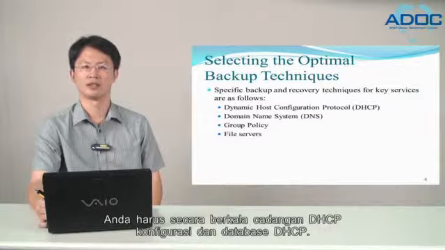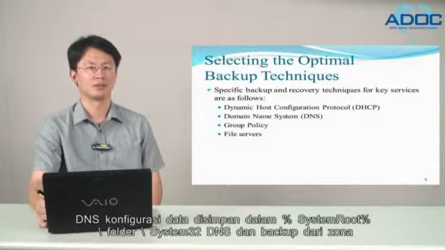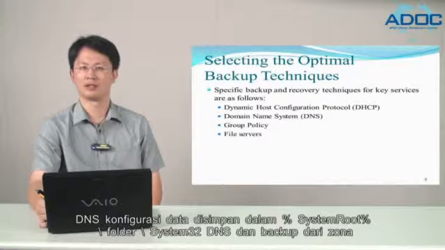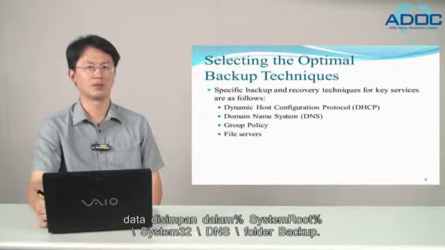Domain Name System, DNS. If you are using standard zones, DNS configuration data is stored in the system root, system32, DNS folders. And backups of zone data are stored in the system root, system32, DNS backup folders.